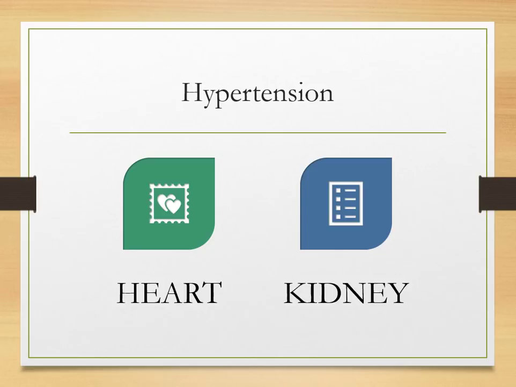So if you go over to your alphabetical index and you look at hypertension, you'll see an option for hypertension, heart disease, and hypertension with chronic kidney disease. Per guidelines, these conditions should be coded as related, even in the absence of provider documentation that explicitly links these two conditions together.